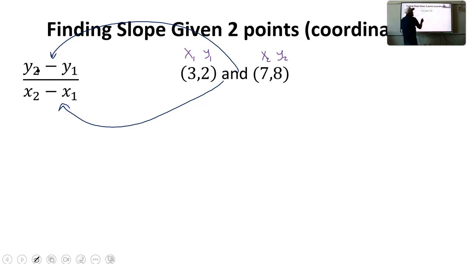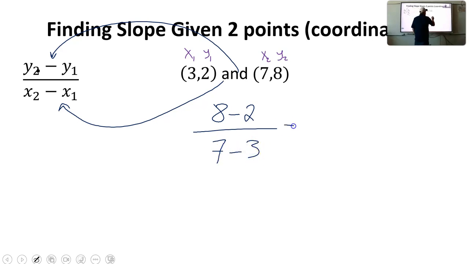So y2 would be 8 minus y1, which is 2, over x2, which is 7, minus x1, which is 3. So 8 minus 2 is 6. That's my rise. 7 minus 3 is 4. That's my run. 6/4 can be simplified, so let's simplify if we can.